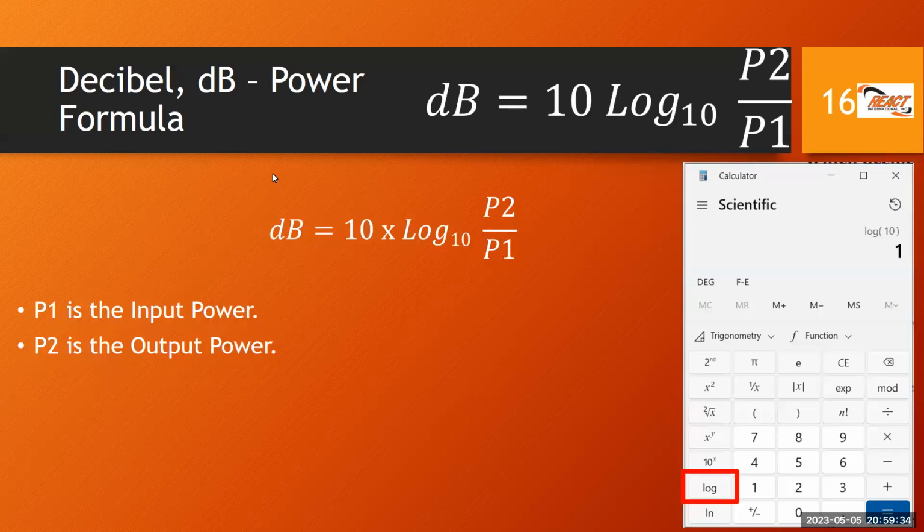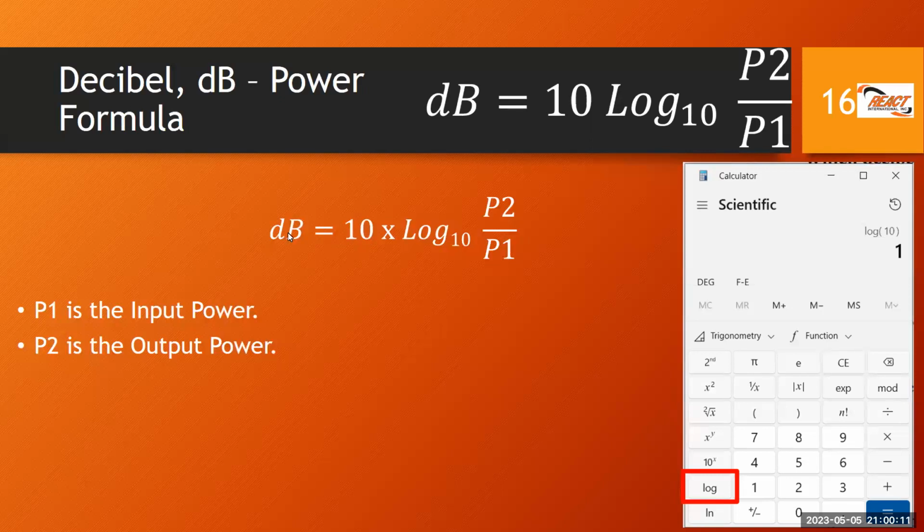All right, so this is the formula on your screen for decibel calculation. The decibel calculation is equal to the number 10, that's a fixed number or constant, 10 multiplied by the log. Now remember, we said we'll be using log with a small 10 here to mean the logarithm using base 10, of power number 2, which is the output power, over power number 1, which is the input power.